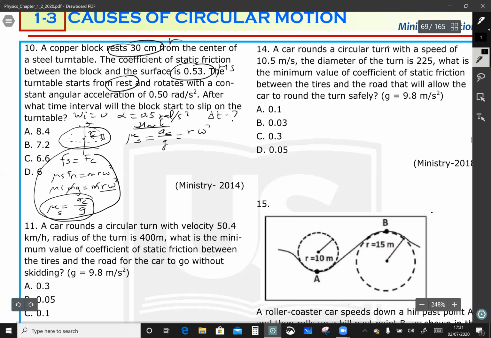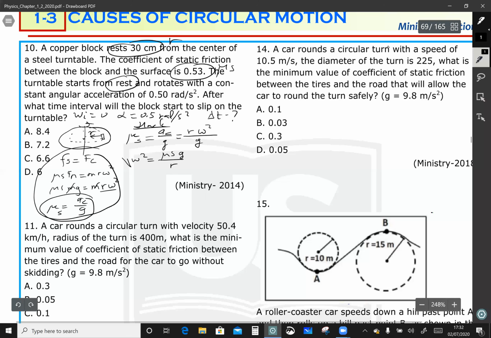We will find that omega, which is the maximum speed, because it starts from rest, until that speed the copper block stays on the turntable. Then, cross multiplying, omega squared is equal to mu s g over r.